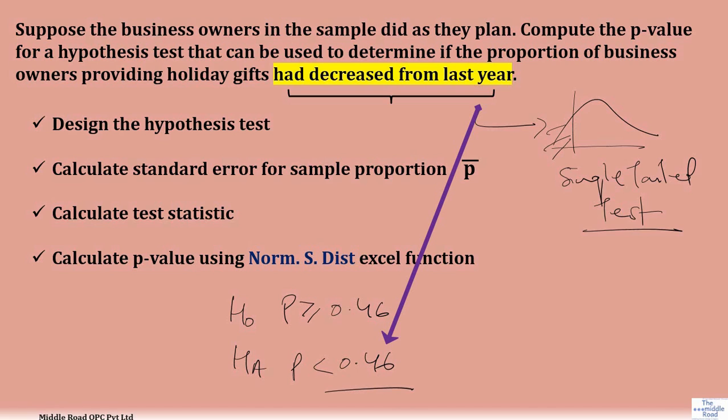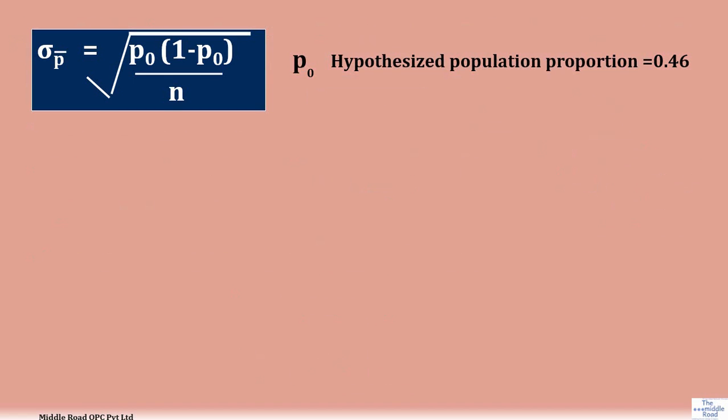What you do is calculate the standard error for the sample proportion. We put in the values. We have already got the value of P0, which is 0.46.